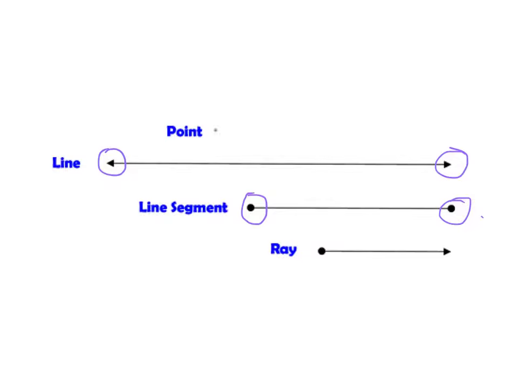What about the ray? What does this point and this arrow in the ray mean? It means that there is a beginning. So this is where it begins. But because there's an arrow, it means that it has no end. So a ray has a beginning, but it does not end.